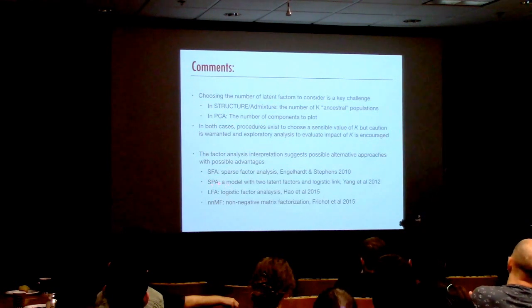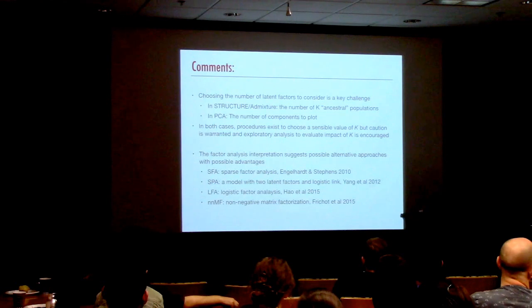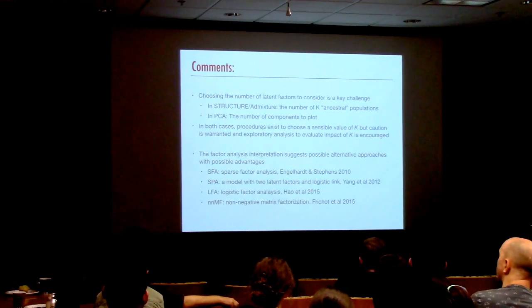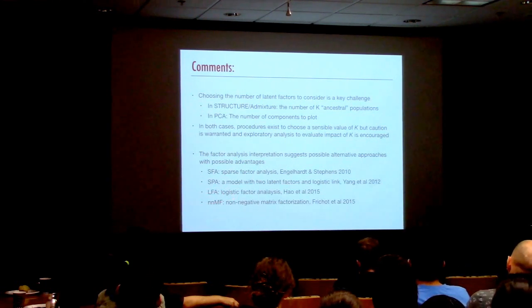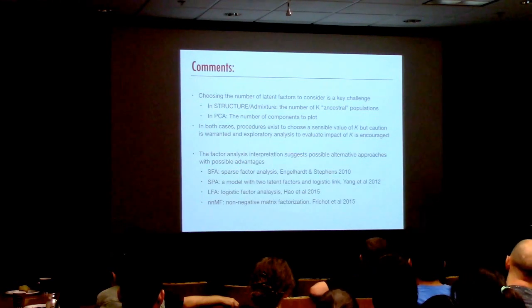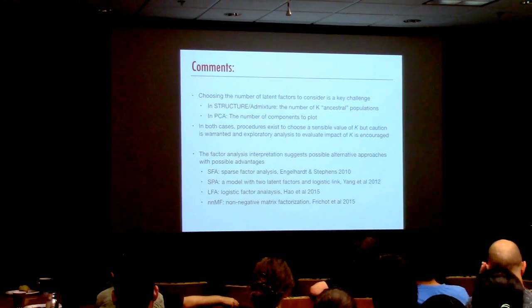We looked at a model with two latent factors corresponding to geographic distance, and you can think of it as a factor model with a logistic link, even though we were thinking about it more straight from a geographic perspective. And then there have also been developments like logistic factor analysis and non-negative matrix factorization. So a whole bunch of approaches to look at population structure that you can think about in the same framework. Okay.